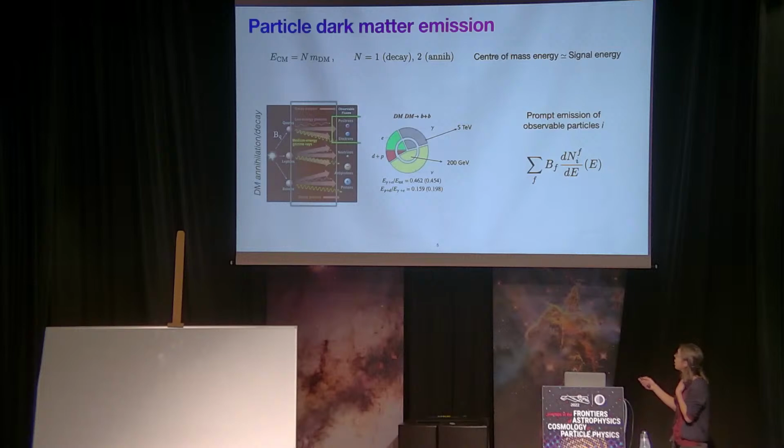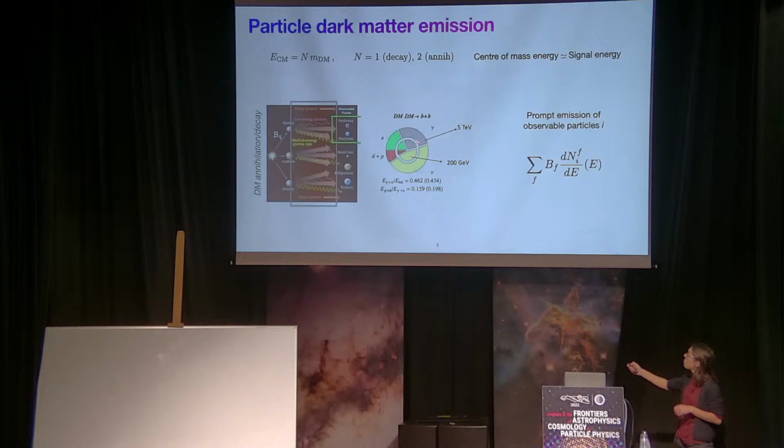So let's have a look at one typical channel for annihilation. Whenever you hear the phrase final state, we refer to the intermediate final state directly from the first step of annihilation. So the final state can be, for example, pairs of bottom and anti-bottom quarks. If dark matter annihilates into those particles, then what you expect as final stable products after these standard model showering and hadronization processes are different particles.